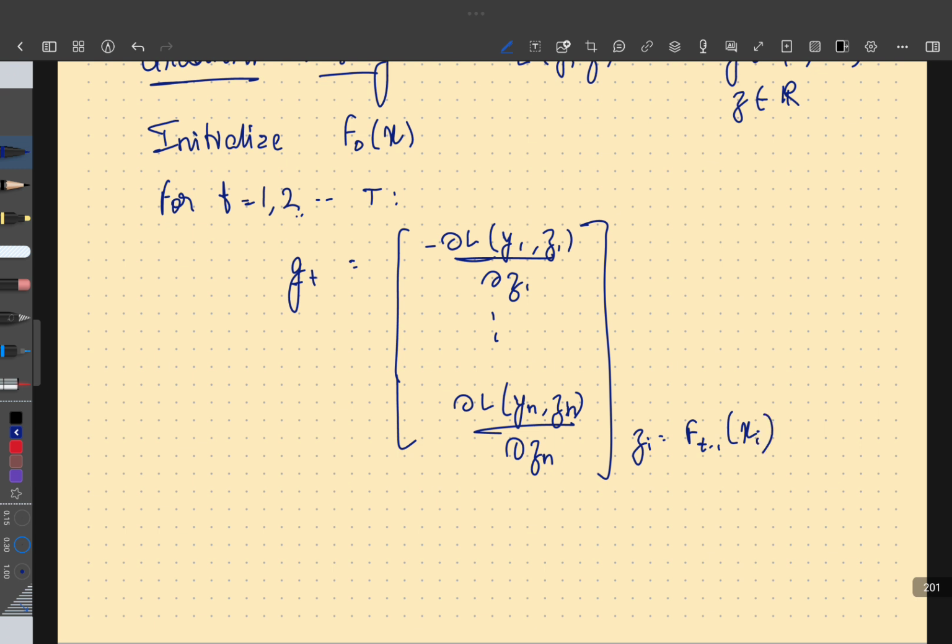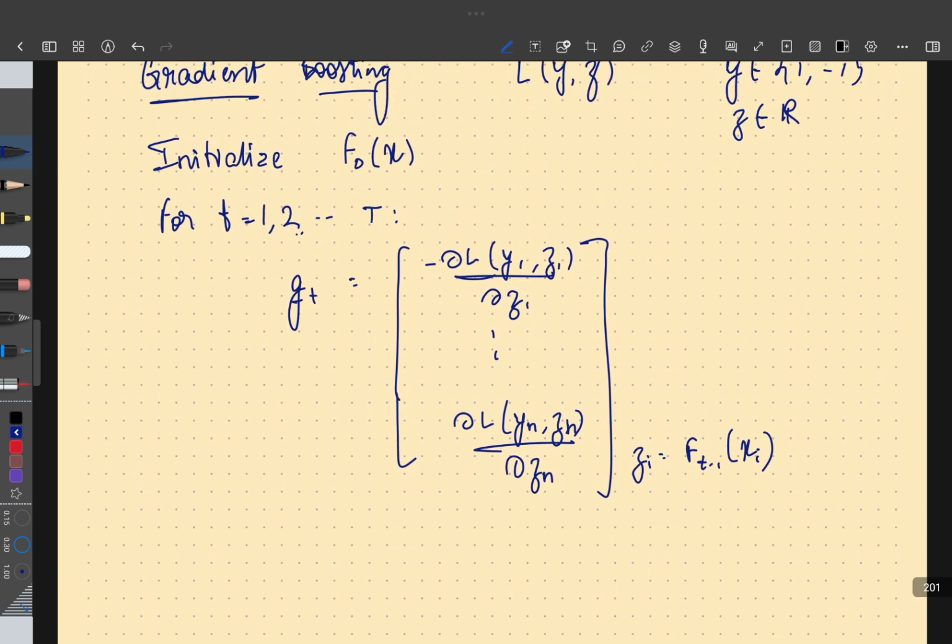So whatever predictor you got from the previous step, you evaluate the gradient with respect to the predictions on the n sample points.